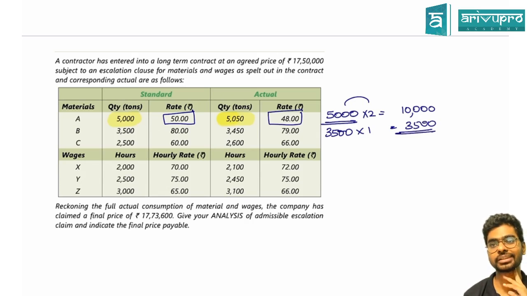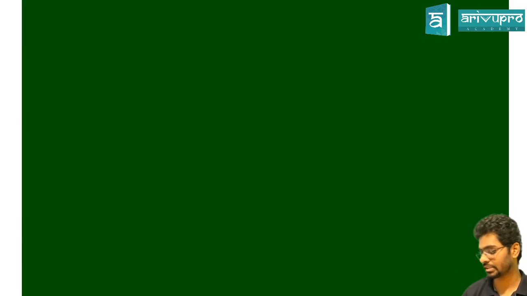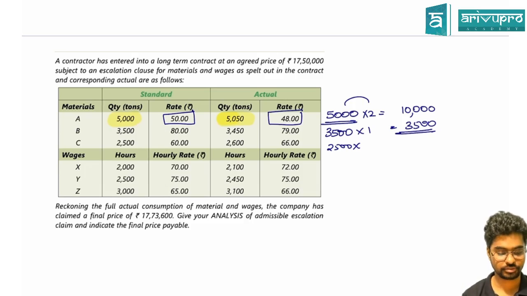Next one, see here. 2,500, 2,600. Are you going to penalize him? So you will only take what? 2,500. Did the material price increase or decrease?